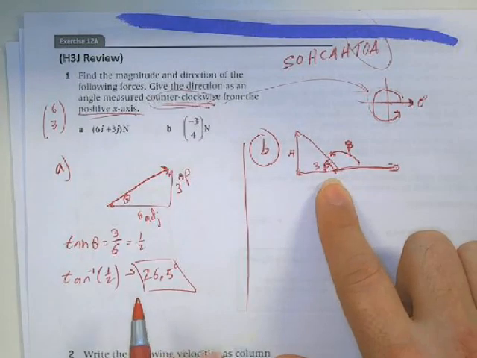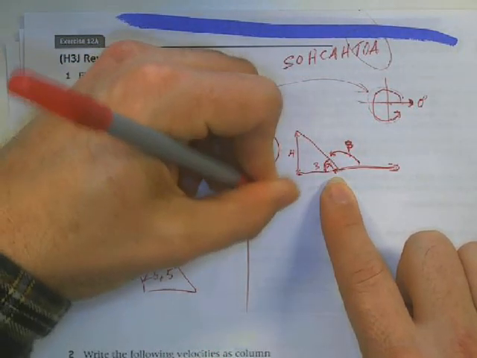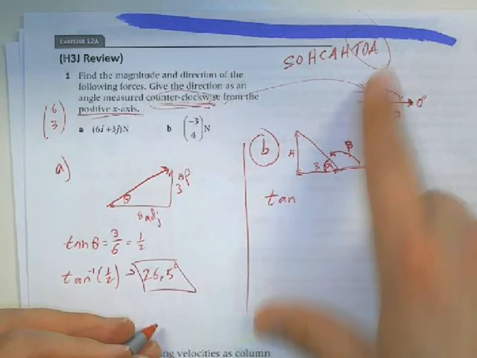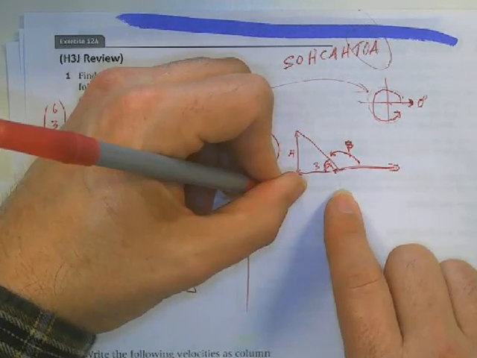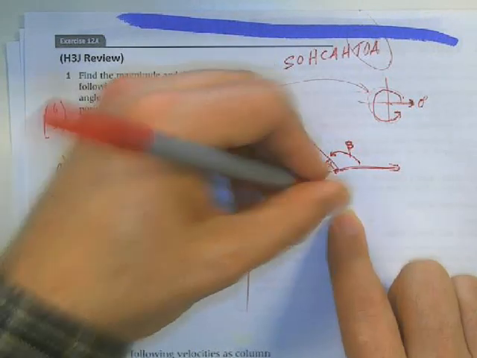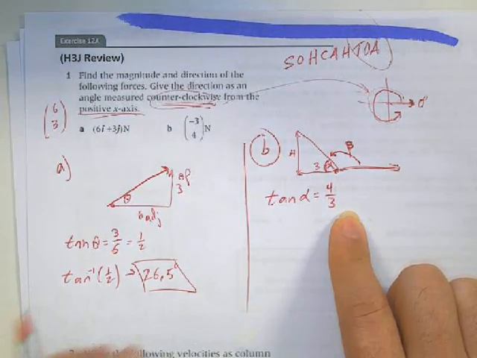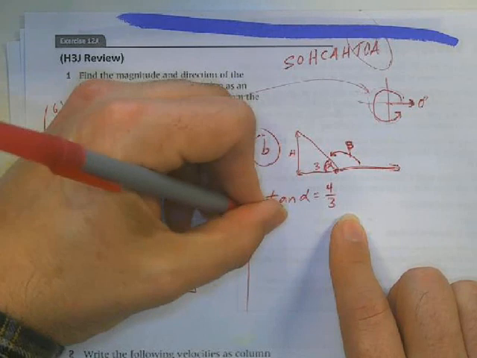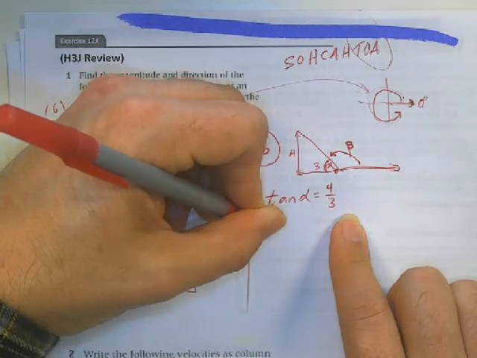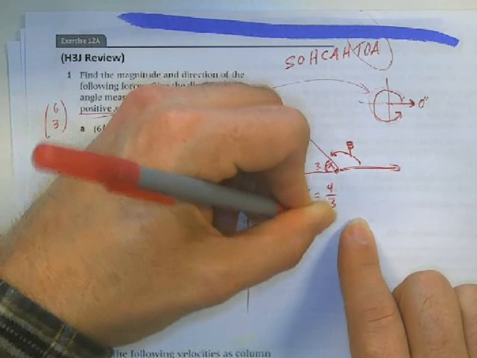So, in order to figure that out, I think it's easiest to use tangent. Tangent is opposite over adjacent, so tangent alpha equals 4 over 3. I could plug that into my calculator, and I get the angle is equal to 53.1 degrees. Okay.